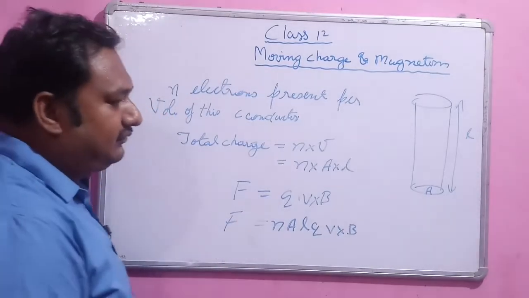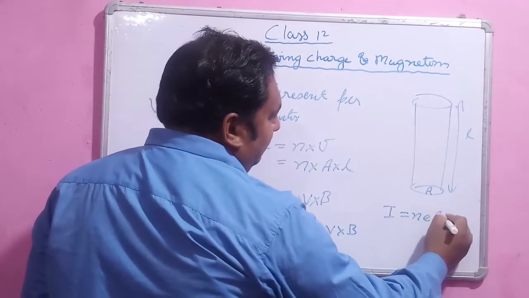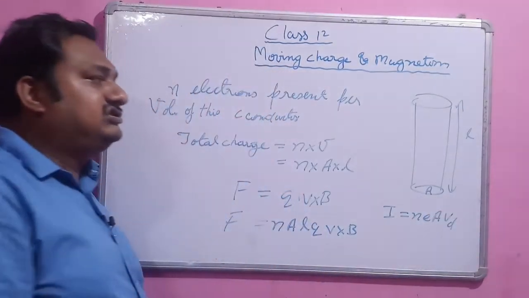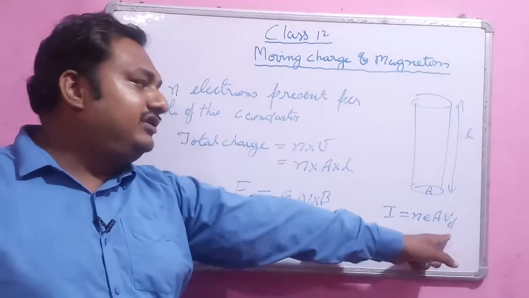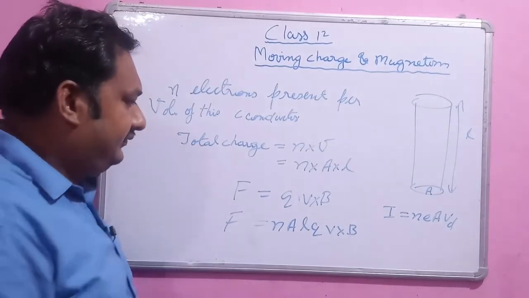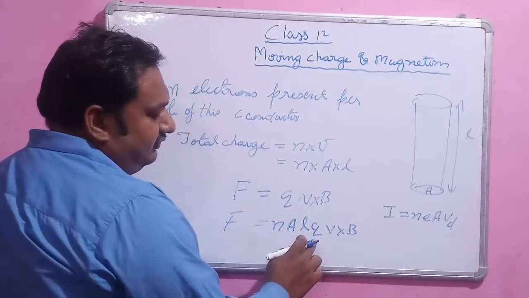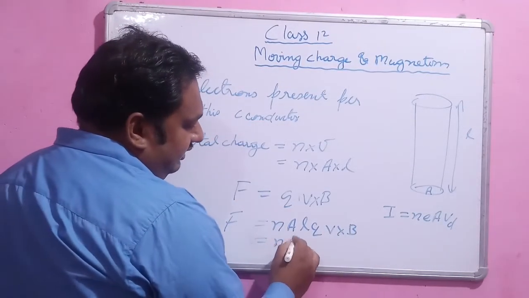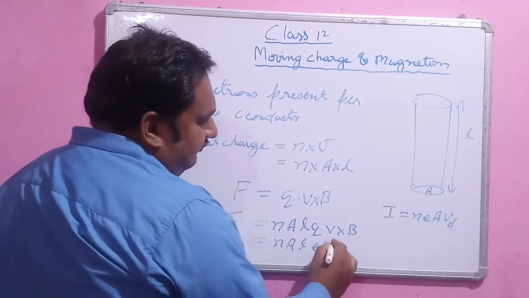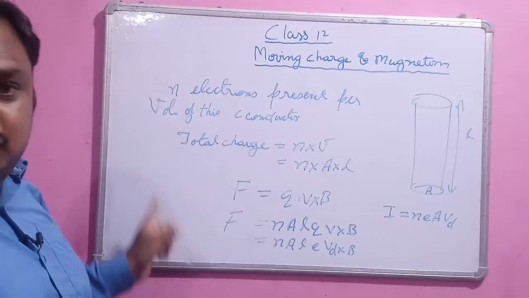From our previous knowledge, we know that I equals neA Vd, where the charge is moving with a drift velocity Vd. So we can rearrange this term: q is equal to e, so F equals nALe Vd cross B. I hope you note this down.